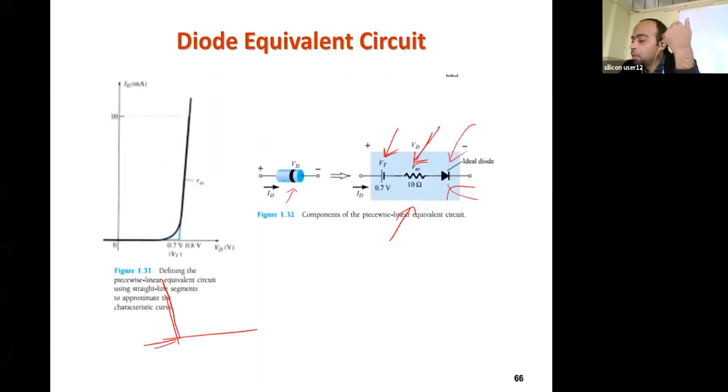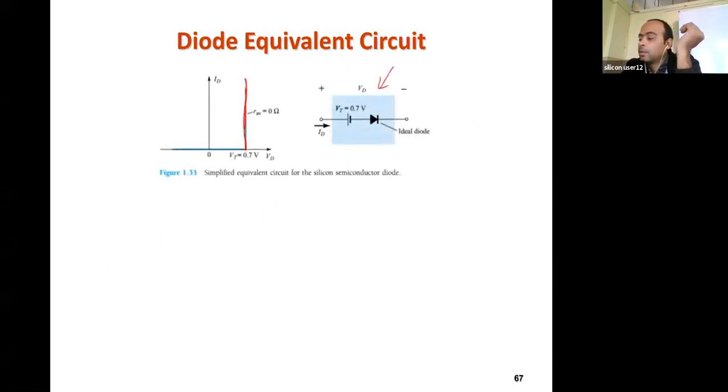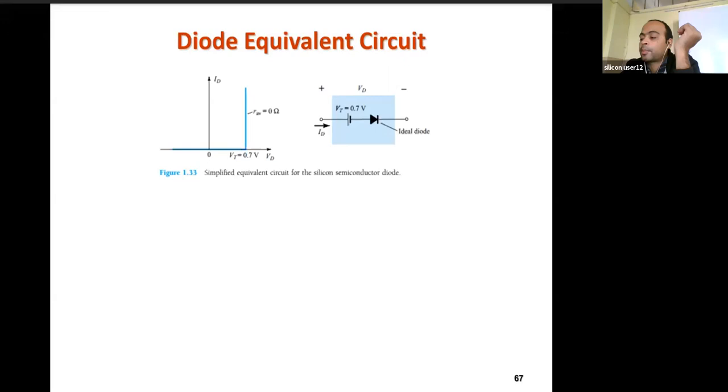In the previous figure, you are considering this R average, and look at the corresponding graph. This graph is not a vertical line; it has a finite slope. In the second case, look at the vertical line. The current after 0.7 volt is completely vertical.